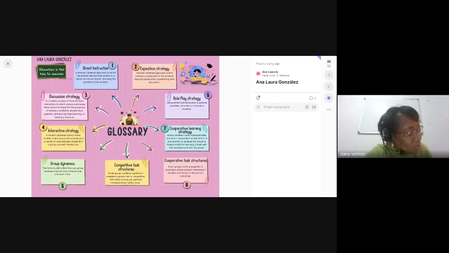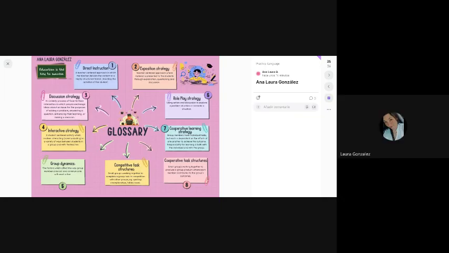The first one is direct instruction, a teacher-centered approach in which the teacher delivers the content in a highly structured format, directing the activity of the students. And the second one, exposition strategy, a teacher-centered approach where material is presented to the students through explanation, questioning, and discussion.